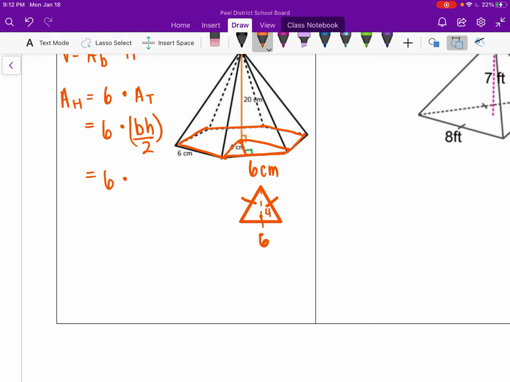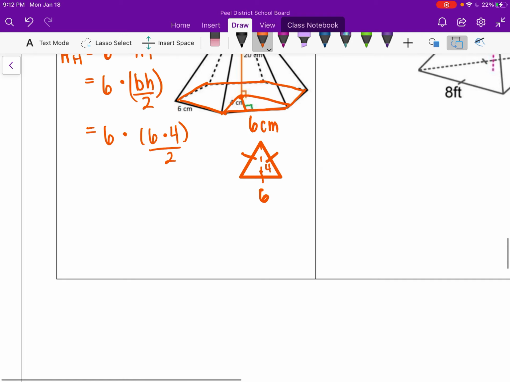Okay, so I'm going to do it right. 6 times 4 divided by 2. So I have 6 times 4. I'm going to do whatever's in the bracket first. 24 divided by 2. So 6 times 24 divided by 2 is 12. So 6 times 12 is going to be 72.